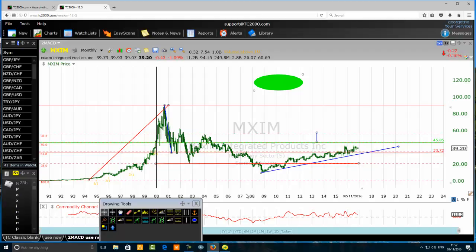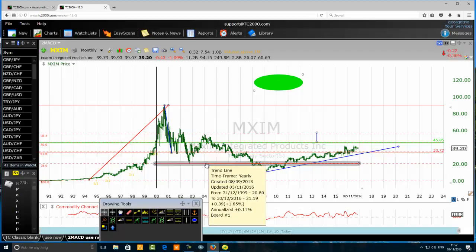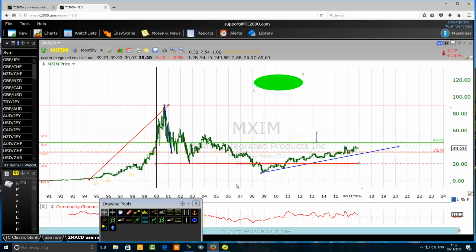Let's go back to Maxim. So I say to you, higher than the 50%, the 61.8%, and the 78%. The good news, whenever you see a financial instrument, remember this, and it did go below the 78% Fibonacci retracement level, which is very, very good. I like that.